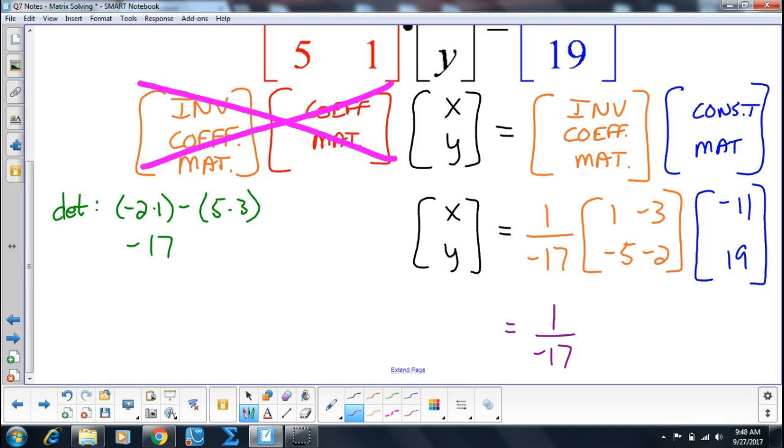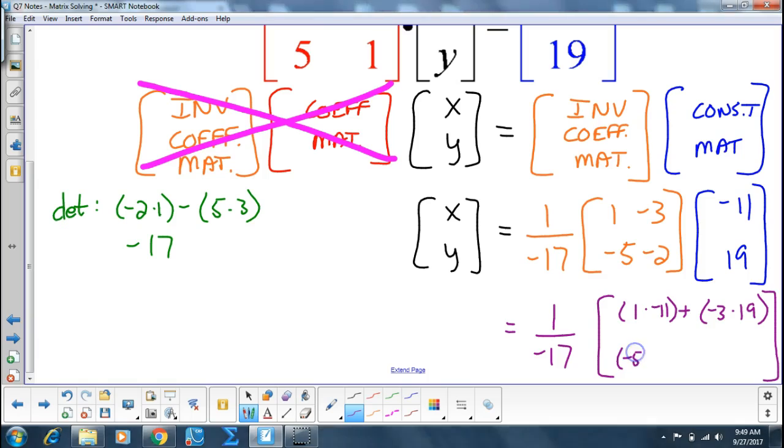Okay? So this becomes 1 times negative 11 plus negative 3 times 19 and negative 5 times negative 11 plus negative 2 times 19.